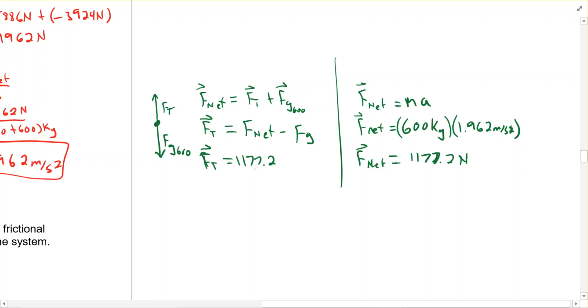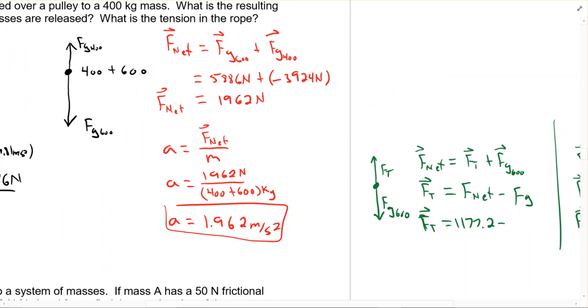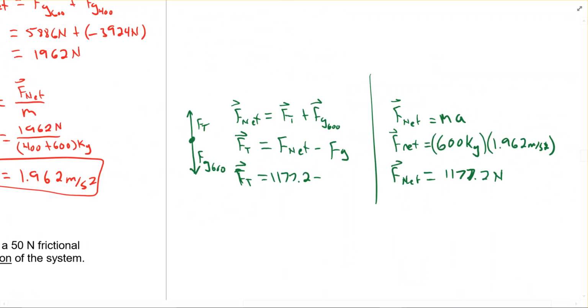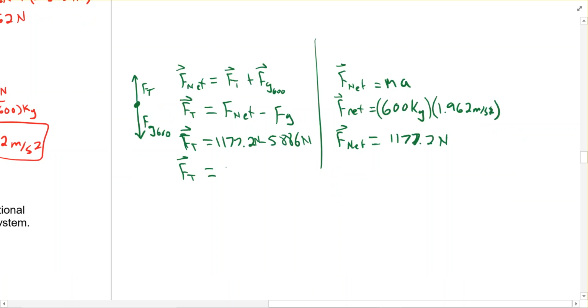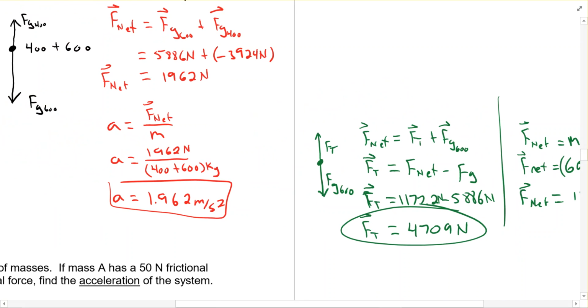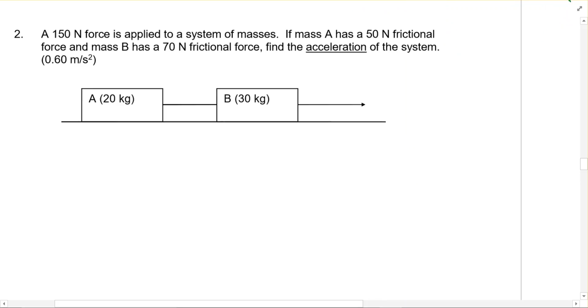So 1,177.2 minus, now what was Fg again? 5,886. So Ft is 4,709 newtons. Okay, so hopefully that made sense. Moving on down.